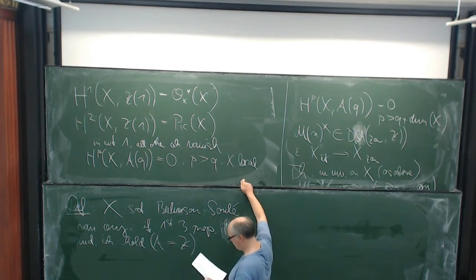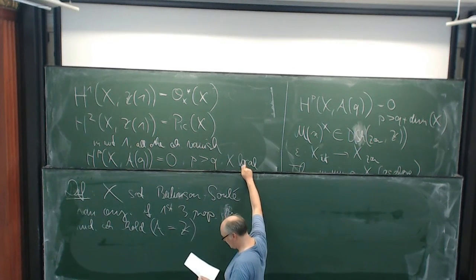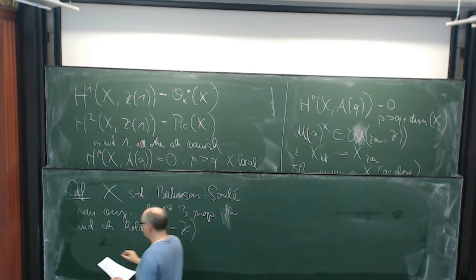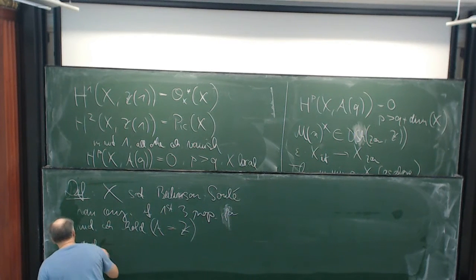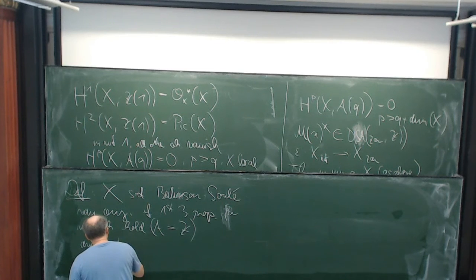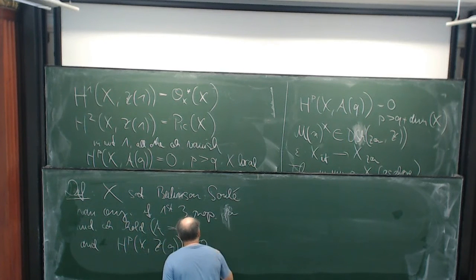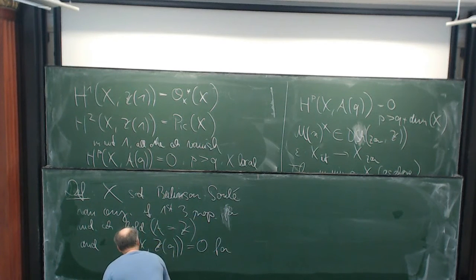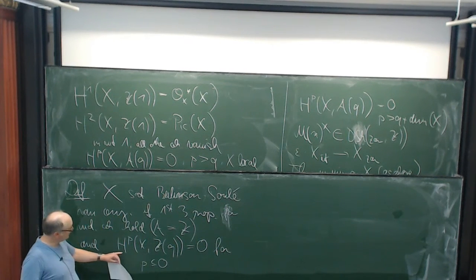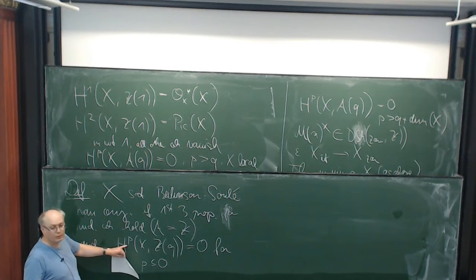This has to be true, and then more crucially, we want that H^p(X, Z(q)) equals 0 for q less or equal than 0, for p less or equal than 0. That's a vanishing of negative degree cohomology. So if you would have a space, cohomology space, you know negative cohomology vanishes.